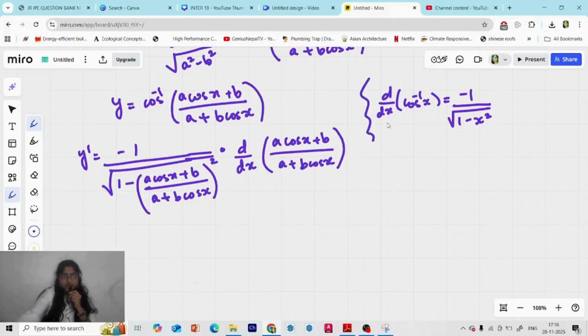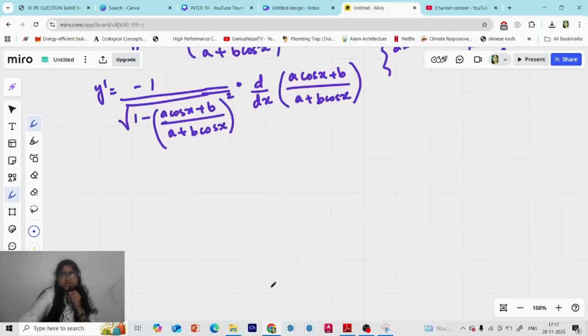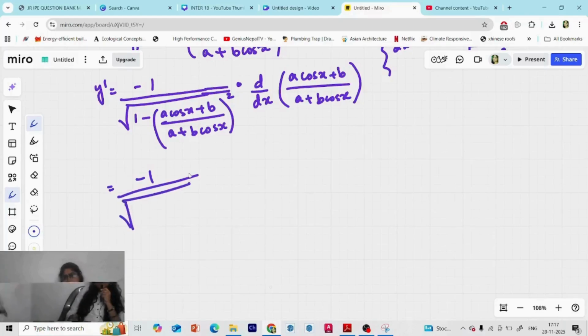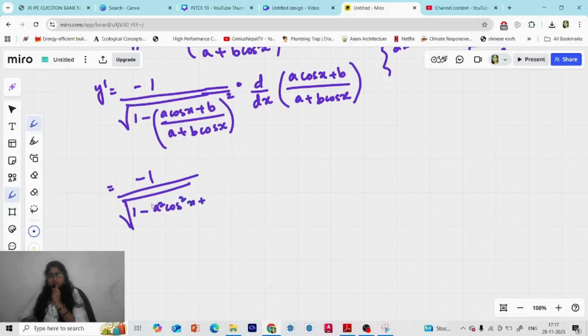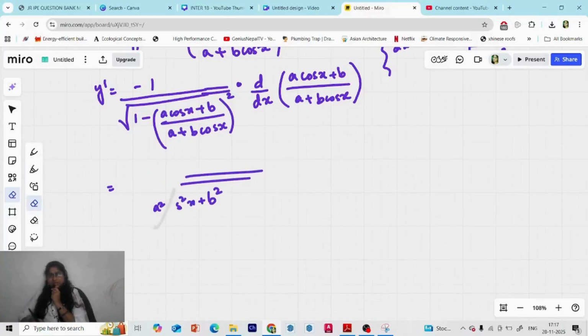Correct? Alright, so let's just expand the brackets now, and so this becomes minus 1 by under root 1 minus, this is a square cos square x plus b square. One second, let me write it properly.